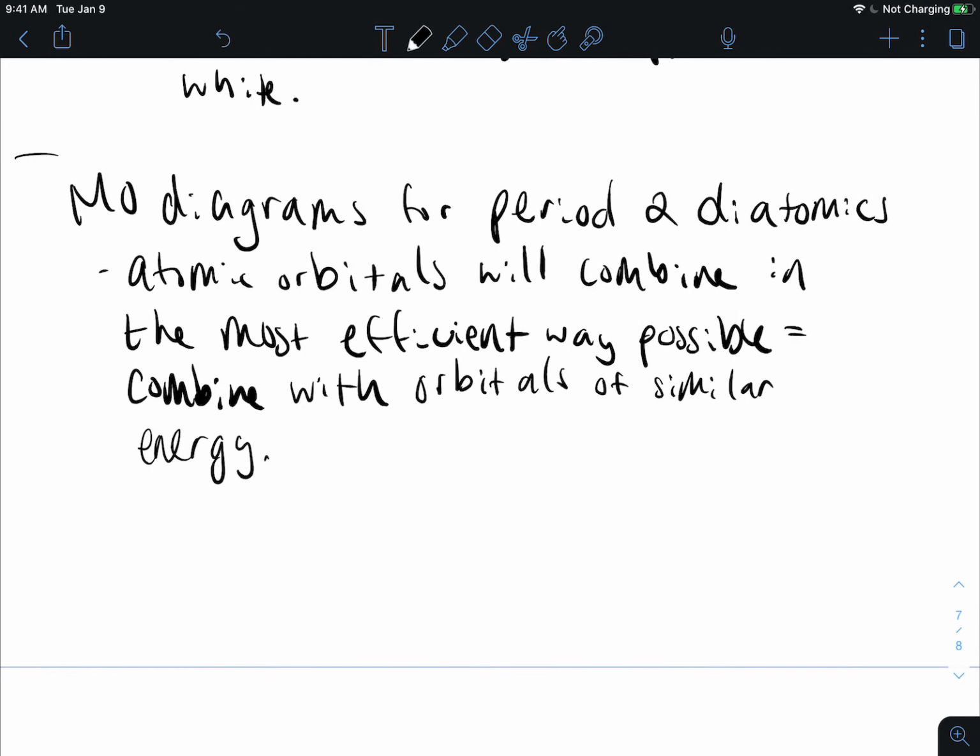That will give us better overlap, and when we have better overlap, we're going to have MOs with lower energy bonding and higher energy antibonding. So better overlap.